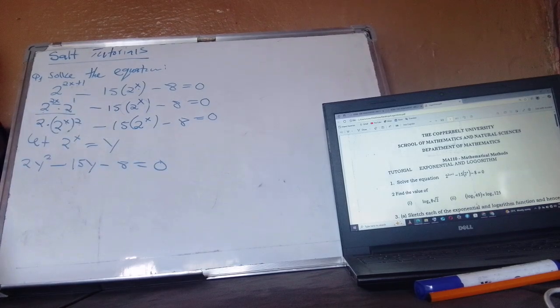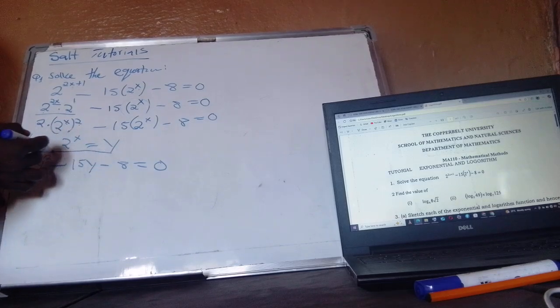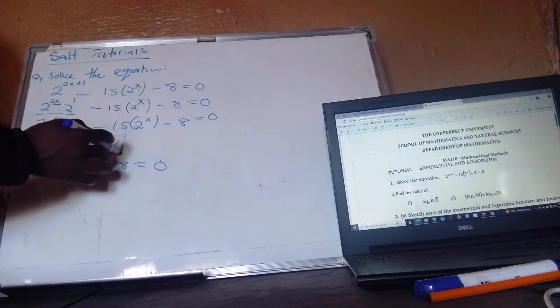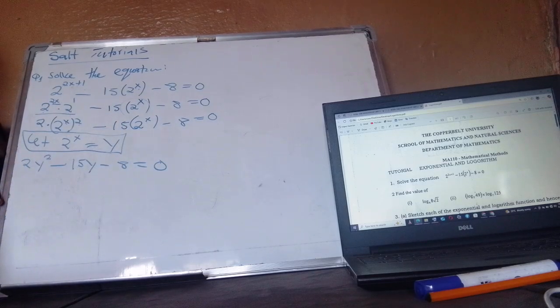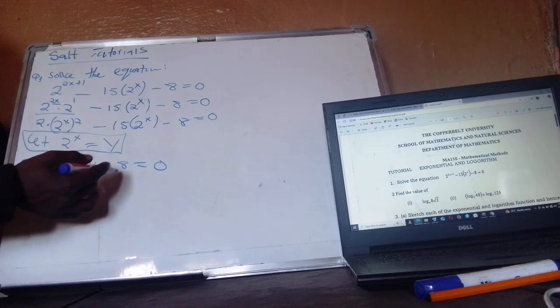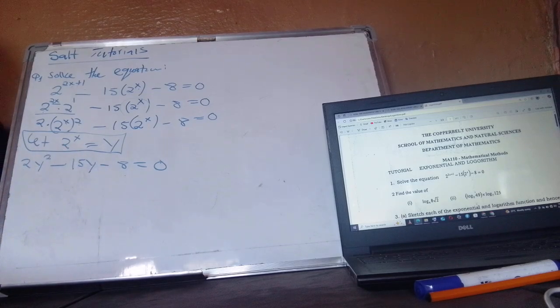This means that I am now solving for y. After finding y, we'll come and replace it to solve for x. This is very simple because it has now become a quadratic equation. So let's find two numbers which, when we multiply, give us negative 16.